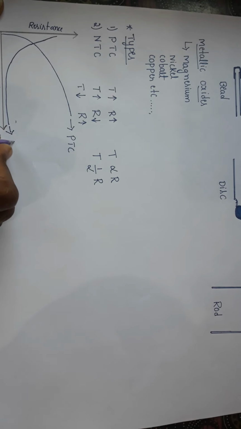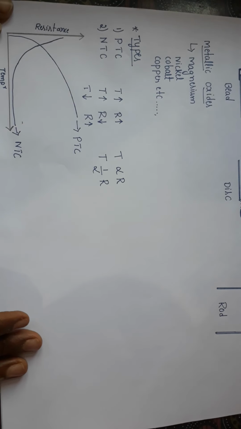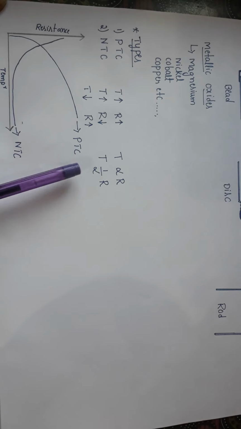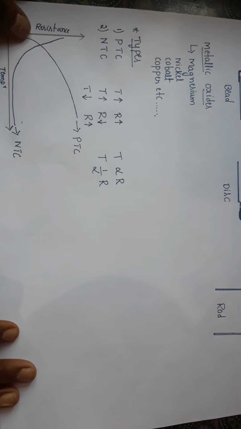This is called NTC. So NTC and PTC appear in these forms when we plot a graph of temperature versus resistance.